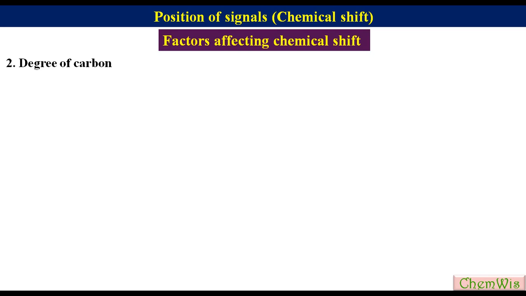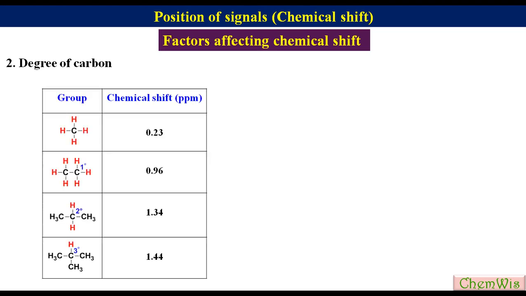Chemical shift of a proton tends to increase when there is increase in the degree of carbon to which it is attached. This is evident from this table, where we can see that methane has chemical shift for proton at 0.23 ppm.